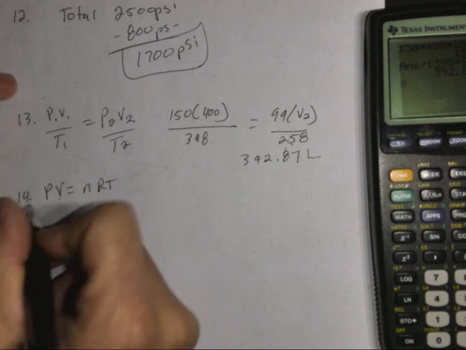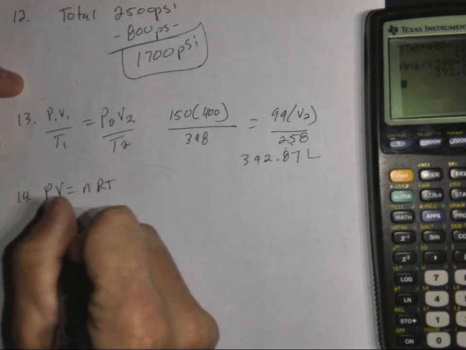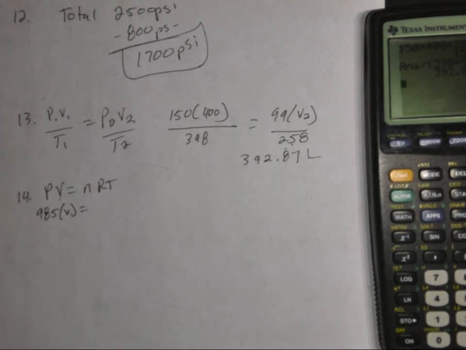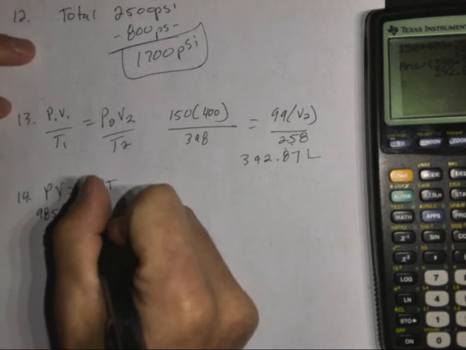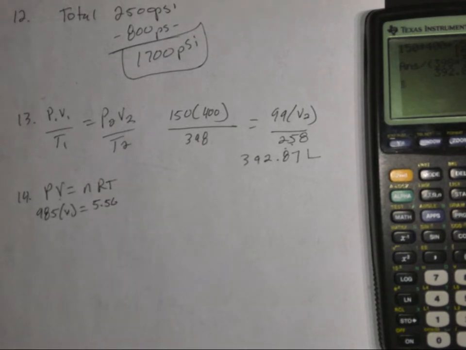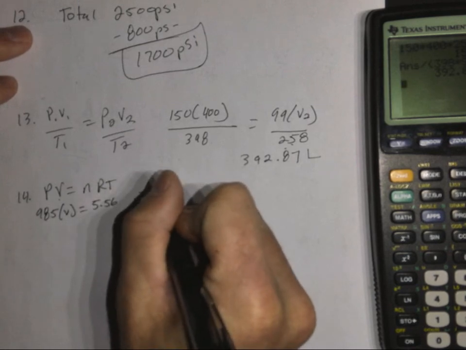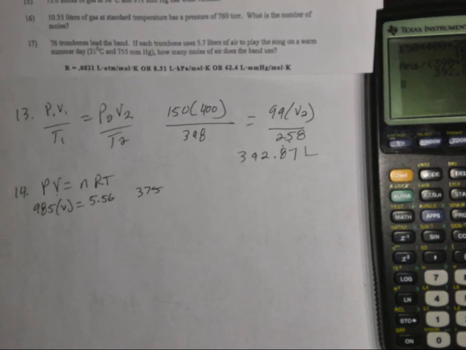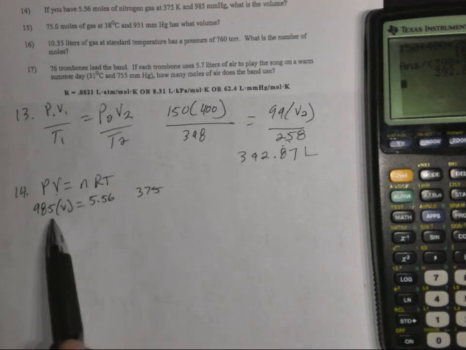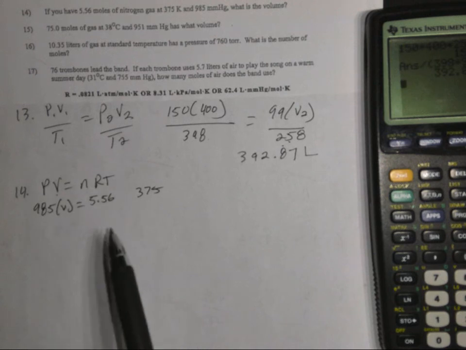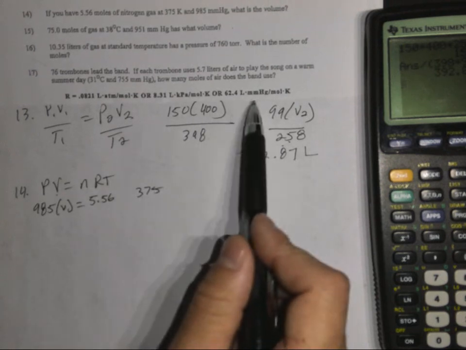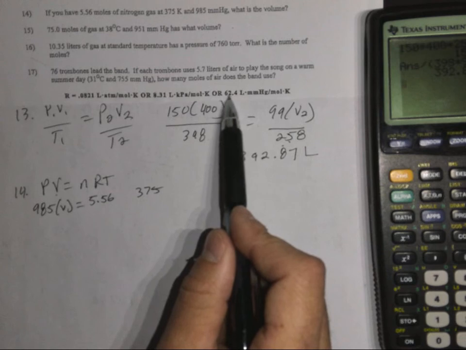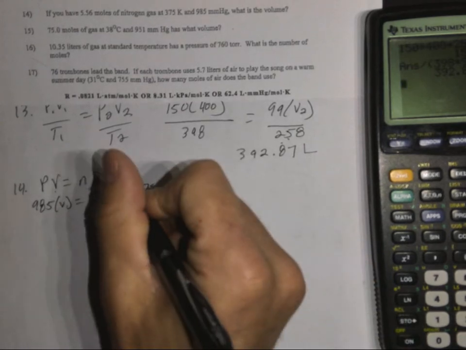So we were given a pressure of 985 times V equals N, our number of moles would be 5.56.